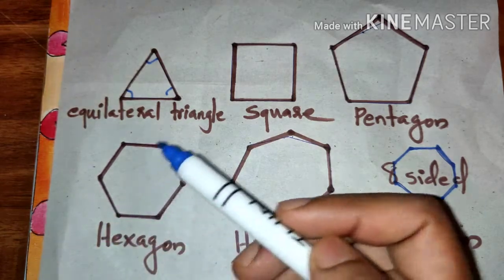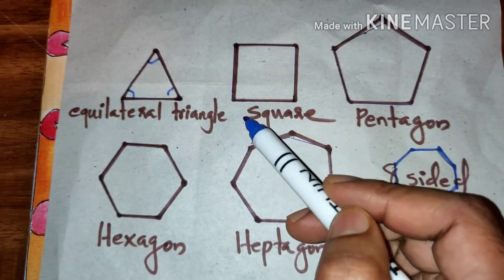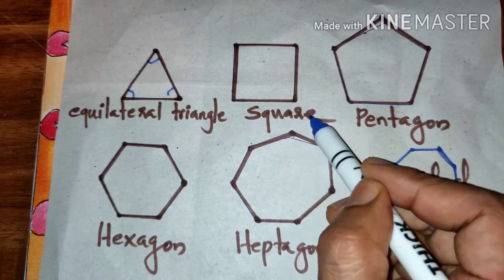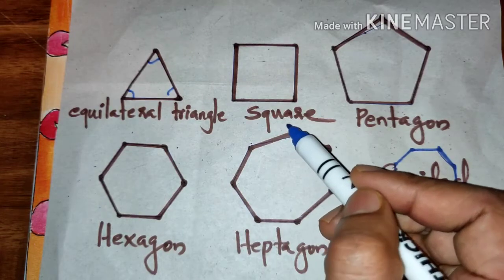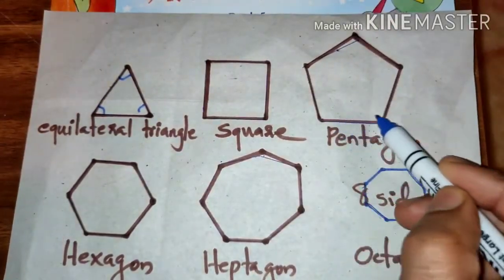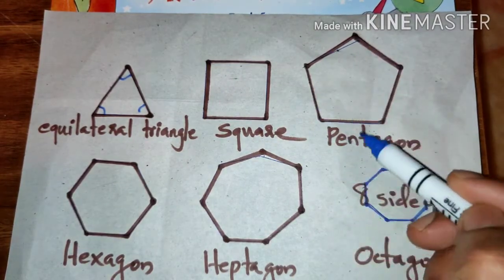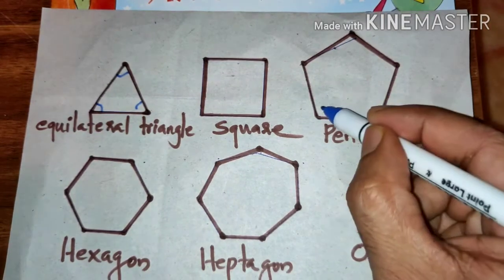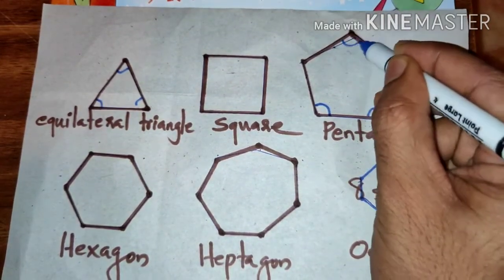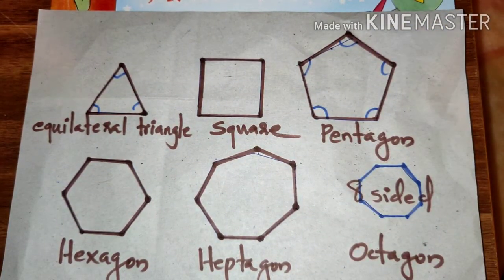If a polygon has four equal sides, then it's a square. If a polygon has five equal sides, 1, 2, 3, 4, 5, and five equal internal angles, then it is called a regular pentagon.